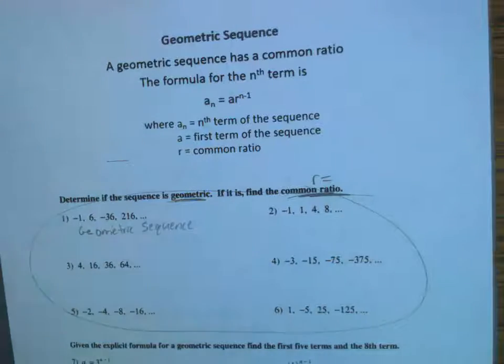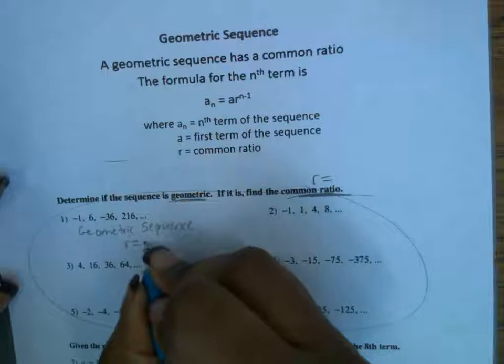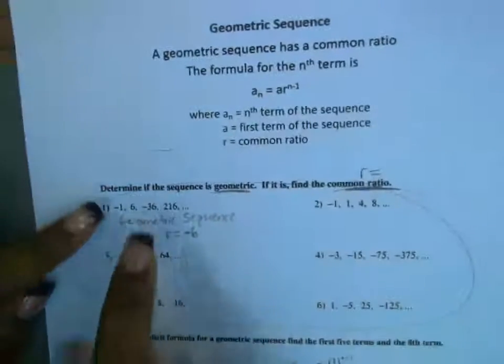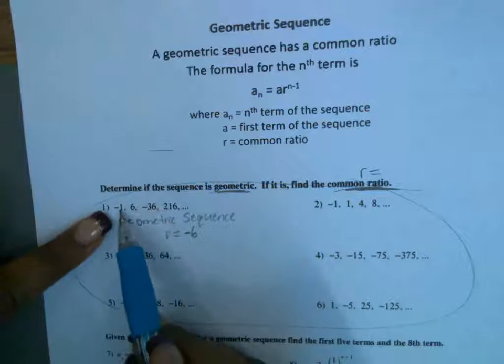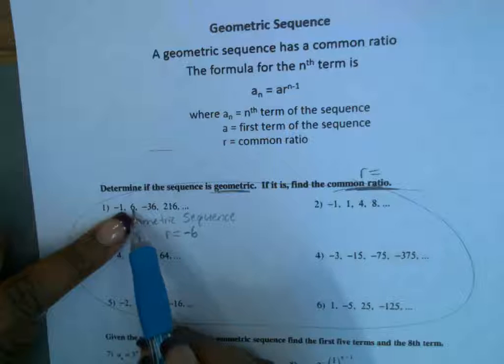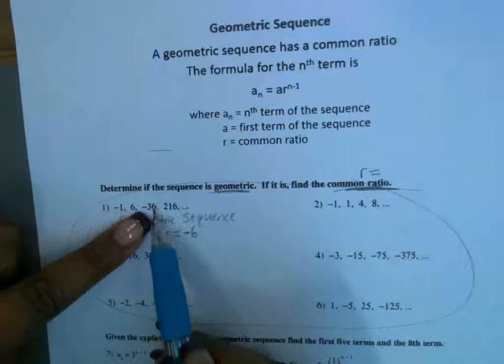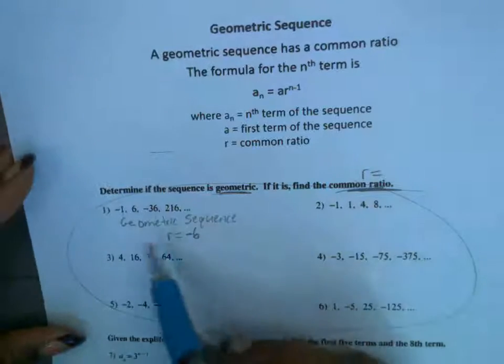What's the number that's being multiplied to get to the next number? -6. Okay, you're multiplying -6 to get to the next number here. Yeah, -6 times this -1 is +6. Then -6 times this +6 is -36, and so on and so forth. Okay, very good. This is our answer here.